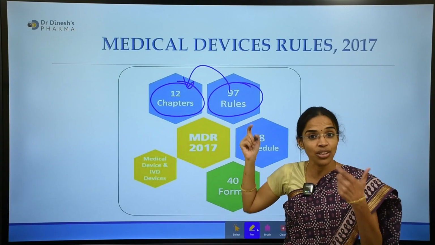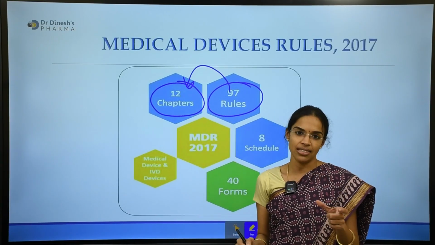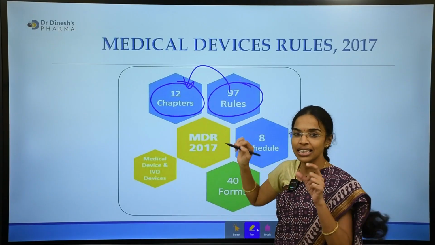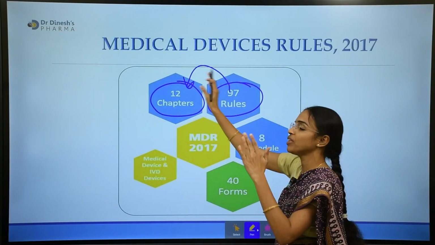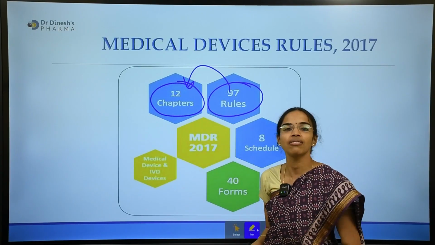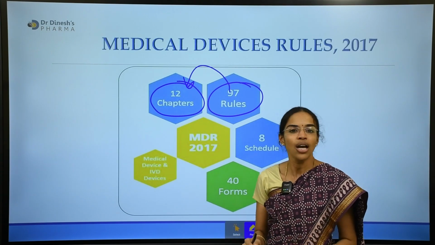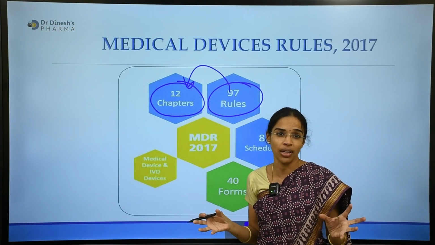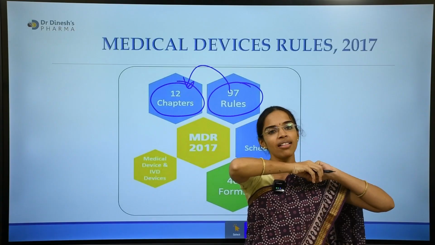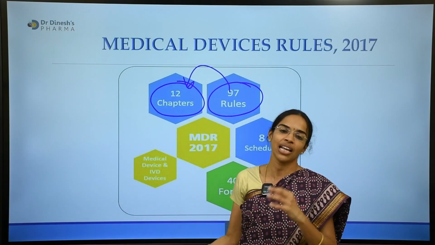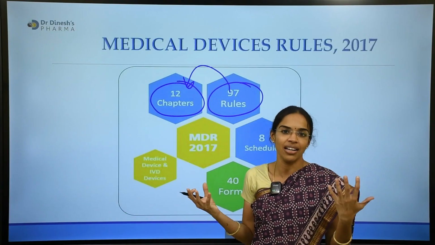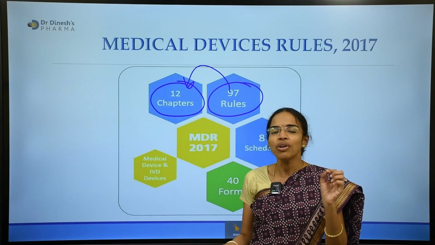What the 12 chapters are, we will see. I don't want to confuse anyone or give all 12 chapters with the 97 rules at a time, as it will take us in a different direction. We will see them one by one.